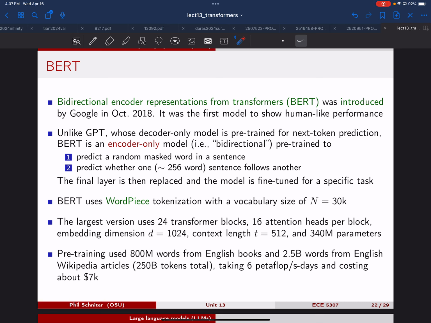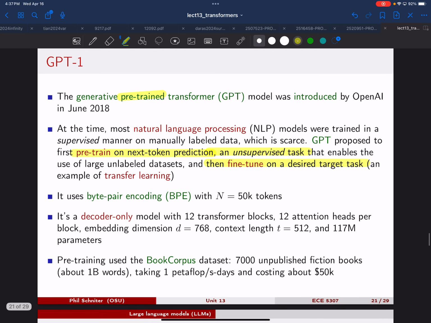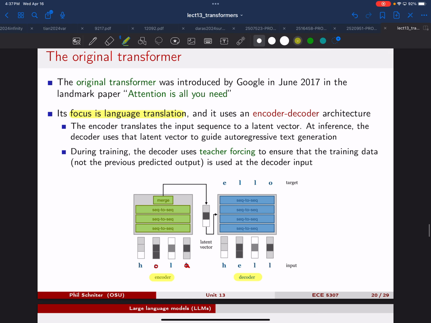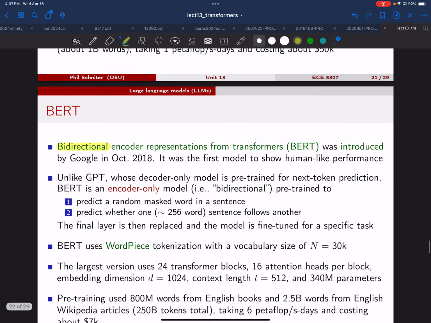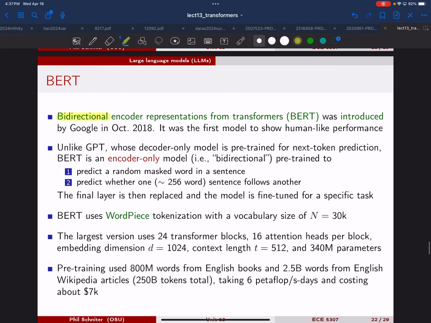Now, interestingly, the key idea here is bidirectional. Whereas GPT was basically only predicting the last character, always predicting to the right, BERT is not doing that. It's actually an encoder-only model. That's why it's bidirectional. And it's predicting a random masked word in a sentence.